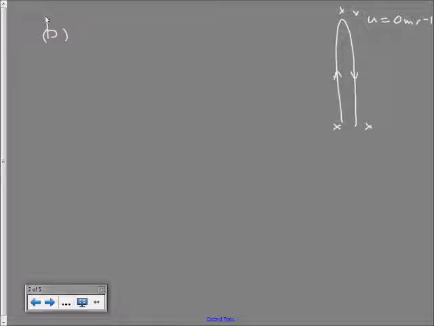We know that the velocity at the bottom is 20 meters per second, and we know that the acceleration is 10 meters per second squared. Doesn't hurt to draw a diagram. It allows you to put all the information down, and we're trying to find t, the time to get from the top to the bottom, and then we'll double it.